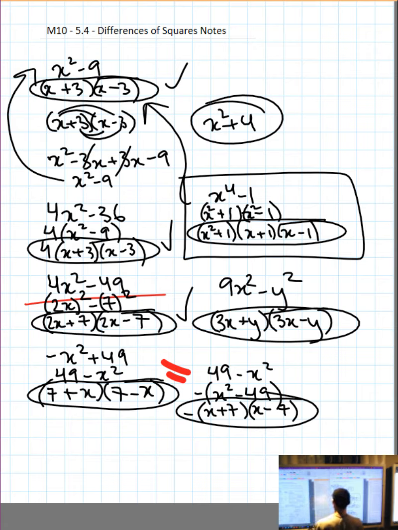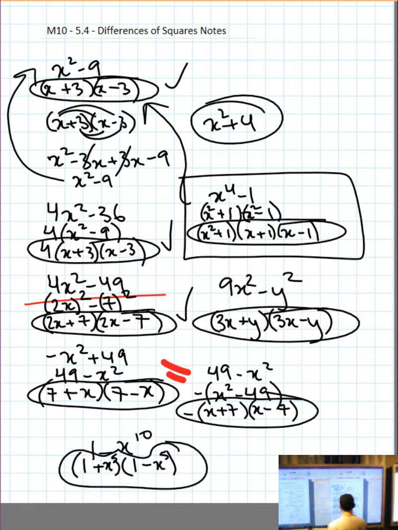Whatever. The bottom right's a fun one. I'm going to do it bottom left because the video is in the way of bottom right. 1 minus x to the 10. Well, set up your brackets, plus minus. 1 squared is 1, so 1 times 1 is 1. And what times what is x to the 10? We learned from exponent laws that we need x to the 5, and again x to the 5.